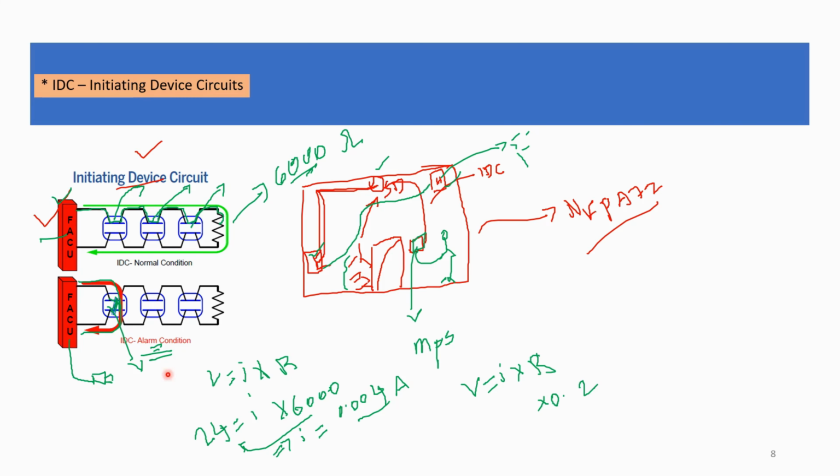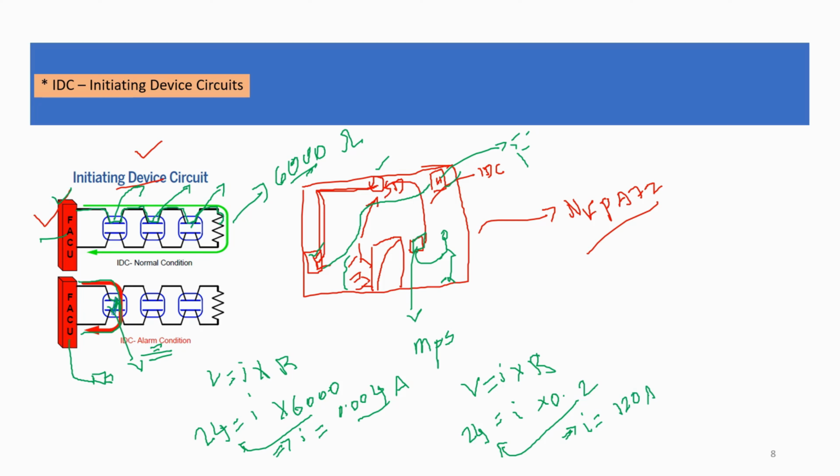So 0.2 is equal to, here we will have 24 VDC, and I after the short or in alarm condition is 24 by 0.2, which comes to, I believe, more than 100 amps, about 120 amps.